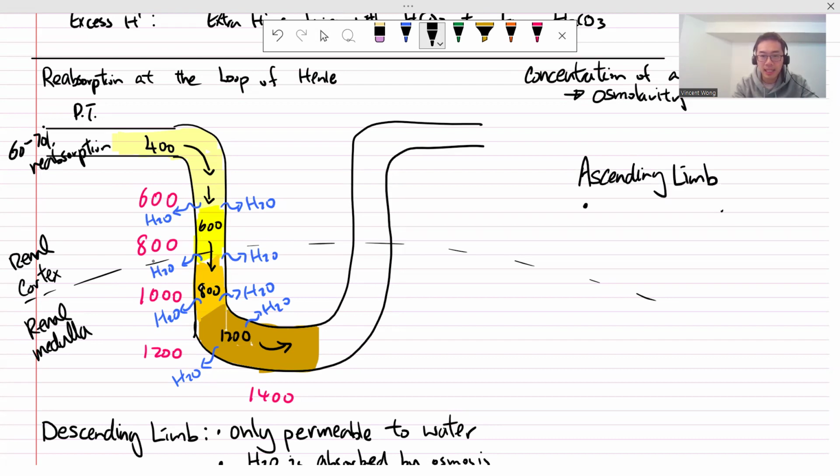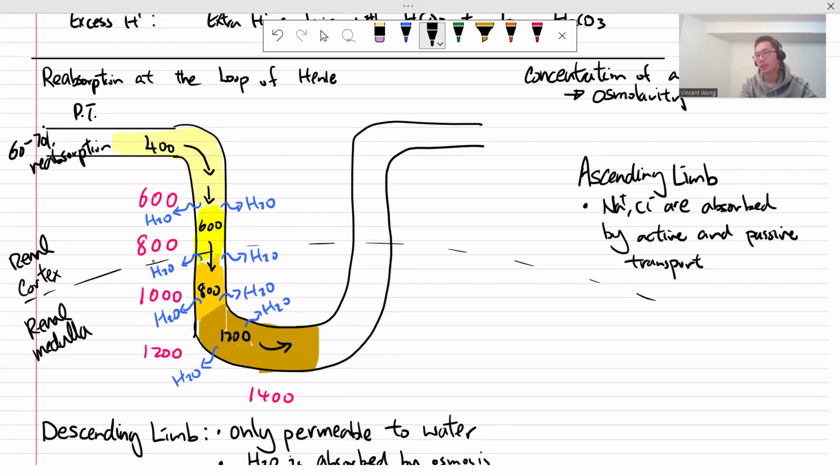Okay, so in the ascending limb, NaCl is absorbed by active and passive transport. And water is not absorbed here. Okay, water is not absorbed here. So you're gonna have some transporters here on the side.